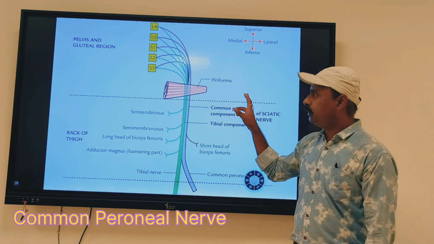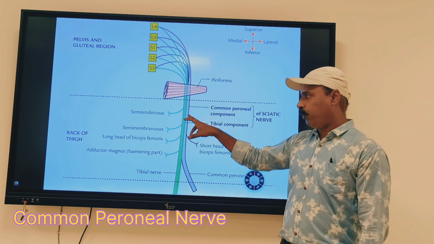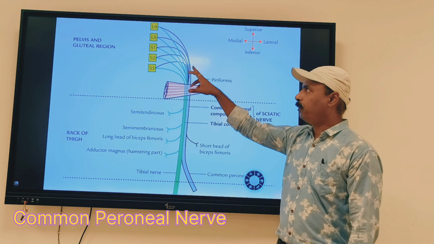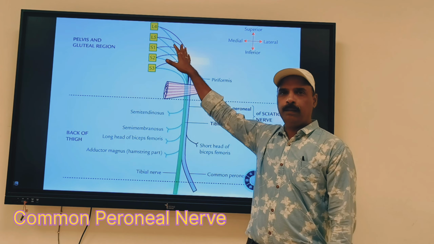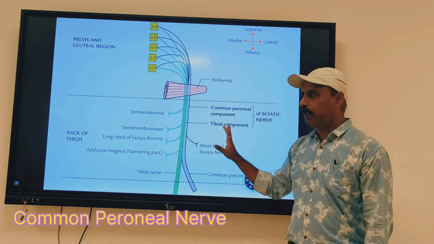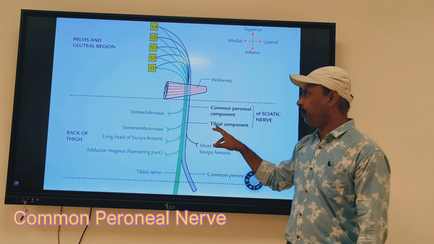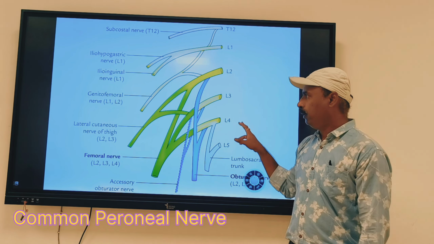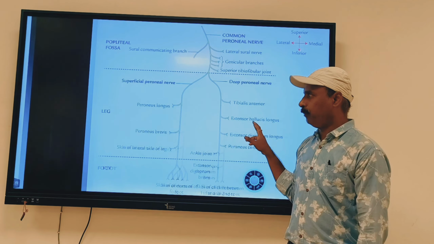You have to draw these. You can remember the root values: in the thigh region you get L4, L5, S1, S2, S3. S3 is not there for the peroneal nerve. So almost all of it goes to the tibial part and the common peroneal. It is very important that at the superior angle of the popliteal fossa the sciatic nerve divides into tibial and common peroneal, and that comes from the lumbosacral plexus formation.